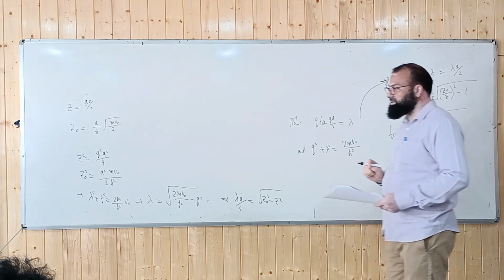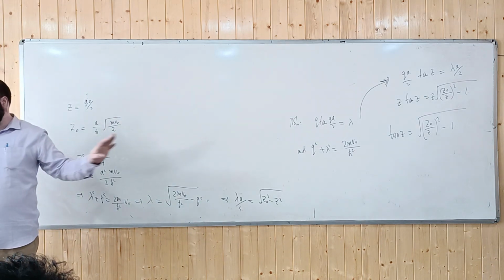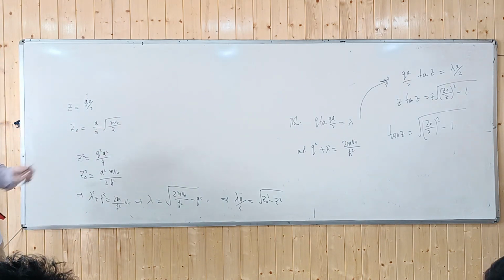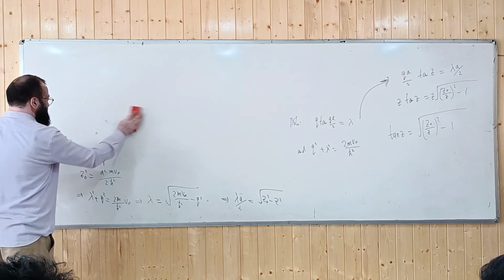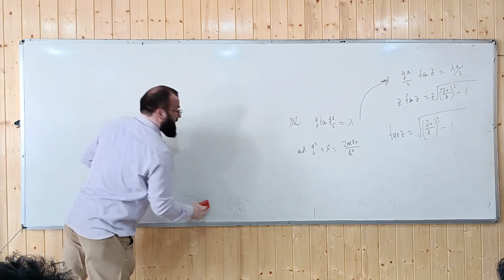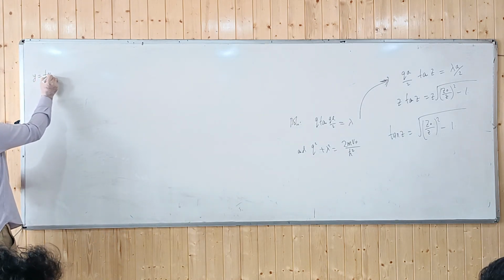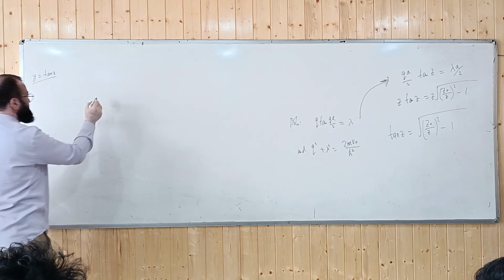Okay, so let me draw. This is simply redefining the variables in terms of z and z naught, so that it becomes simple. Okay, so first I will take y is equal to tan of z. So let's plot it.